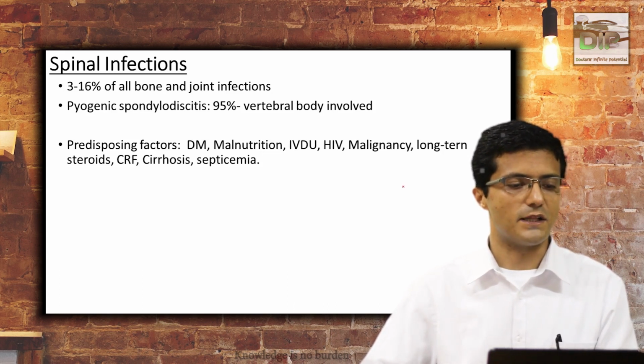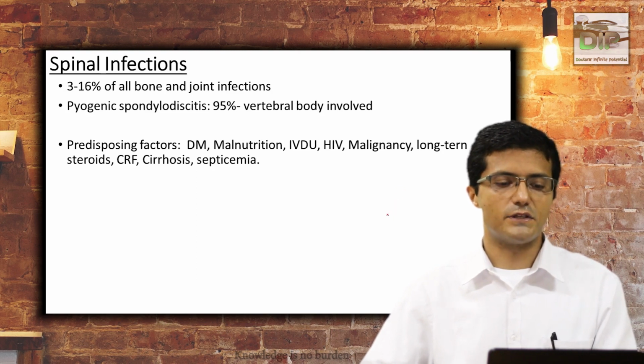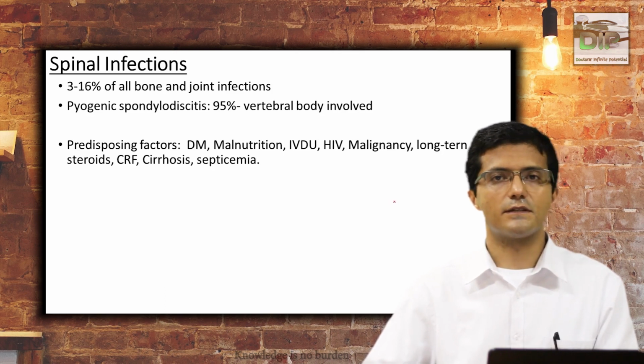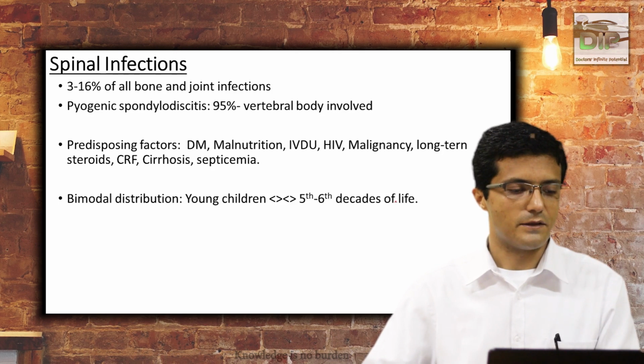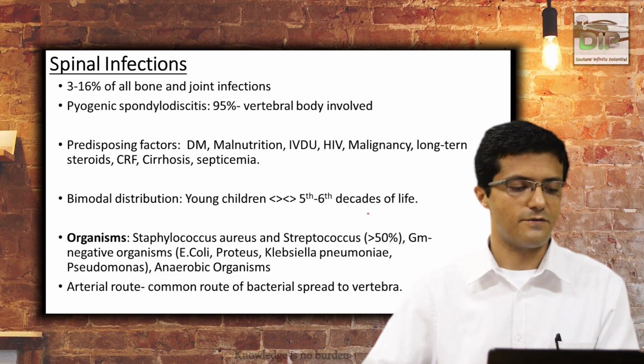Pyogenic spondylitis accounts for 95% of vertebral body involvement. The predisposing factors for spine infections are diabetes mellitus, malnutrition, HIV, malignancy, long-term steroid use, chronic renal failure, cirrhosis, or septicemia. There is a bimodal age distribution: young patients and patients in the 5th or 6th decade of life.